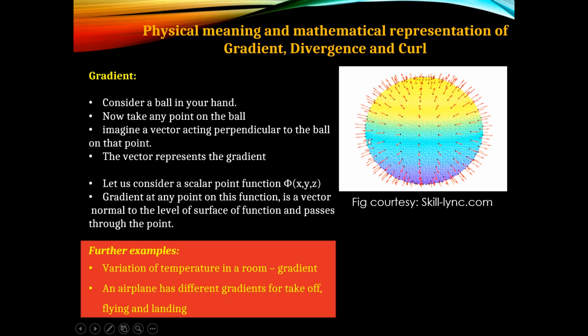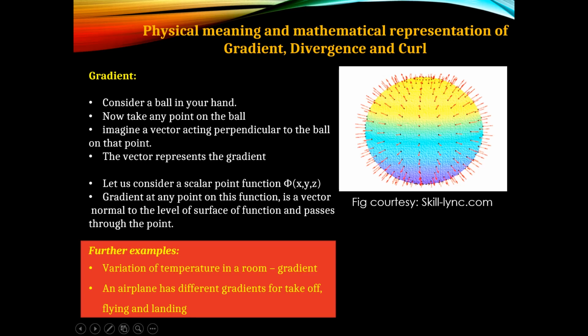So suppose this is the surface and there is a particular function phi acting on this surface, let it be temperature, then the gradient of that function phi will be a vector perpendicular to this surface of that function, and it will be passing through a particular point.